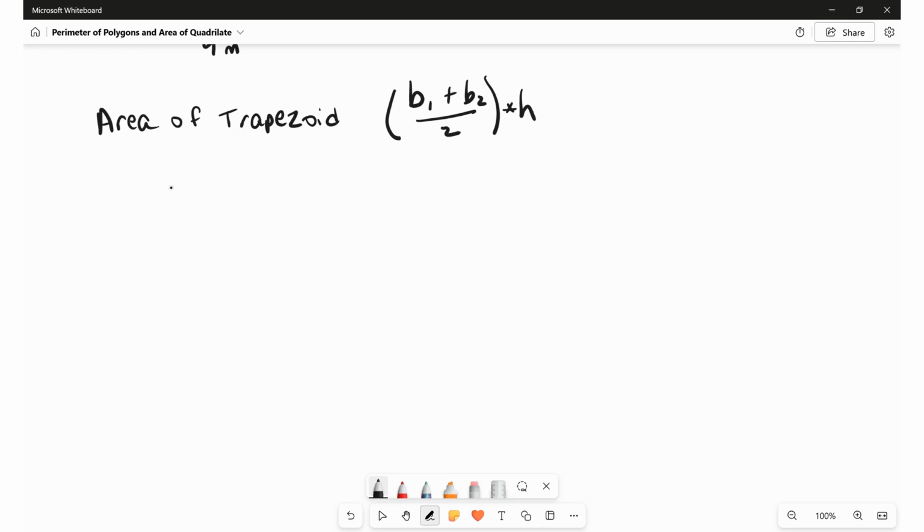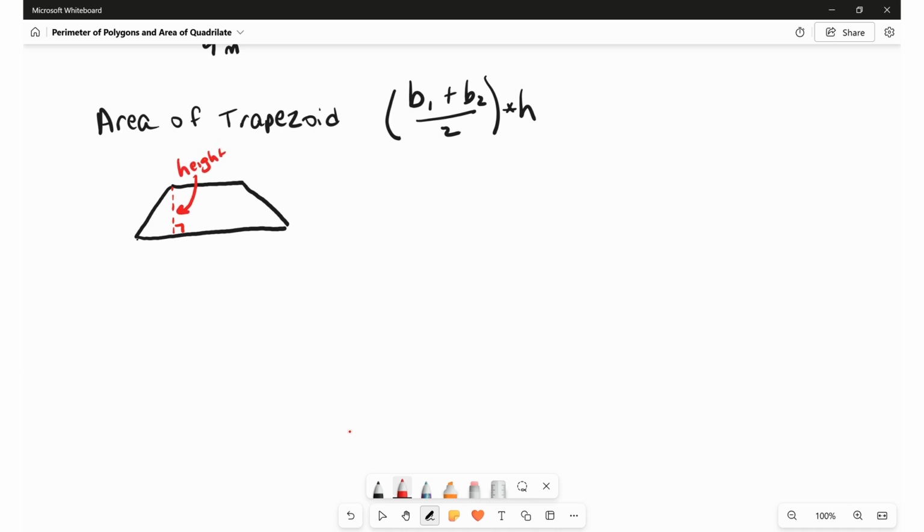So we have this trapezoid. And we will be told this, because remember, this right here is the height.